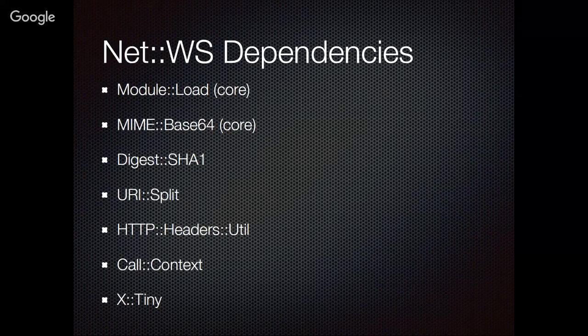The next two modules are very light. They just come from CPAN and split up a URL and parse out HTTP headers. It's not general HTTP header parsing; it does exactly one thing, and so I was like, yeah, that's perfect. Exactly the reason.